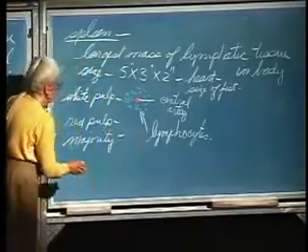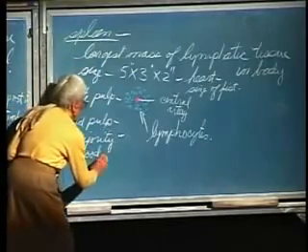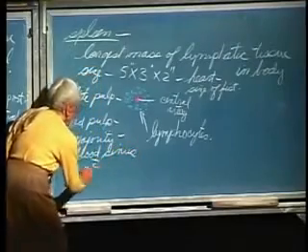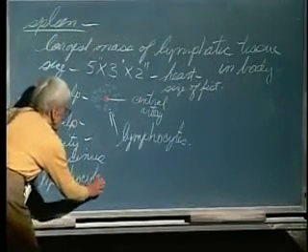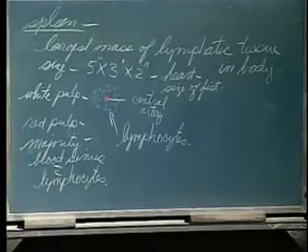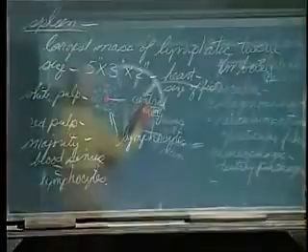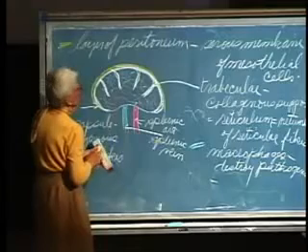And it consists of just blood sinuses with lymphocytes. So all of this will have blood with lymphocytes.